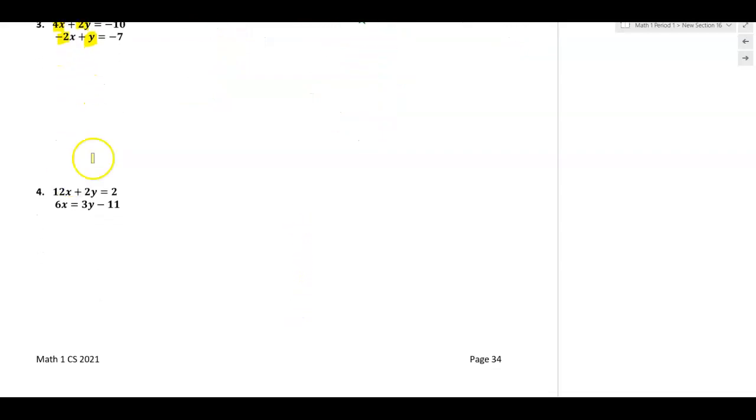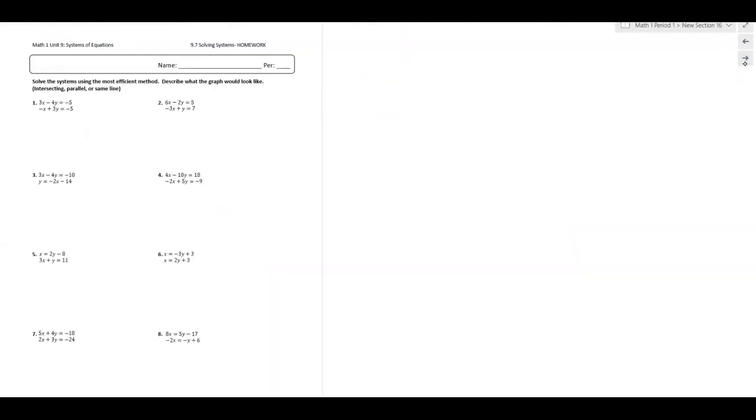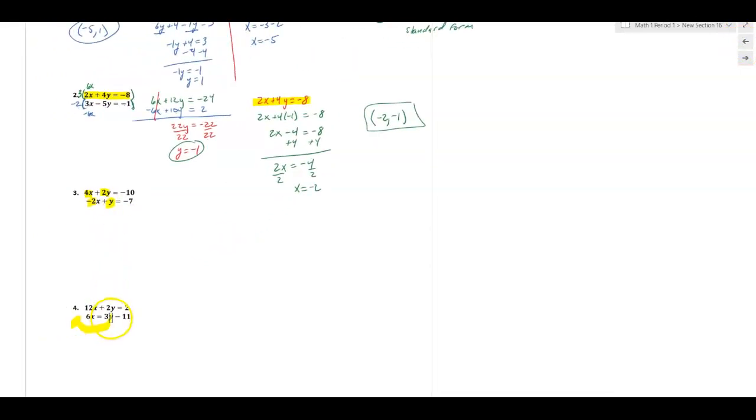If I look at example 4, I know I'd want to bring the 3y over, right? Put it in standard form and use elimination. Okay? So what I want you to do is you guys are going to work on example 3 and example 4 and then work on homework.